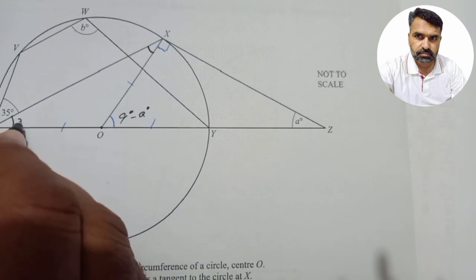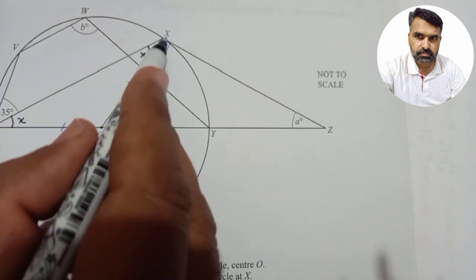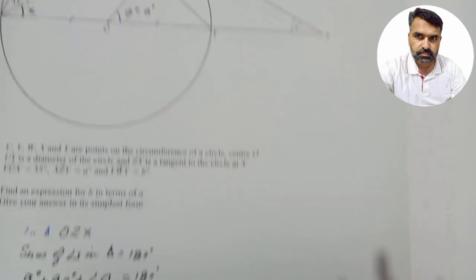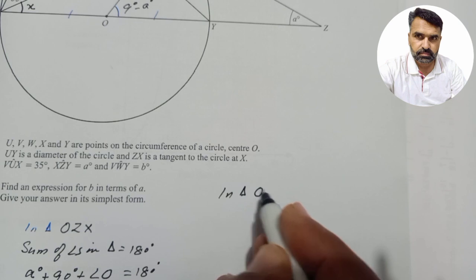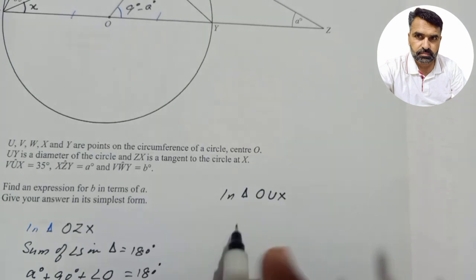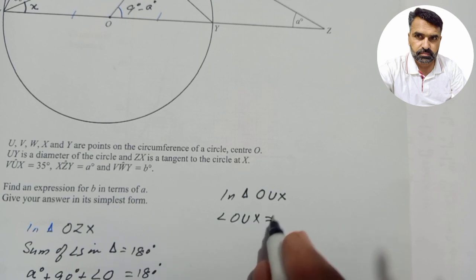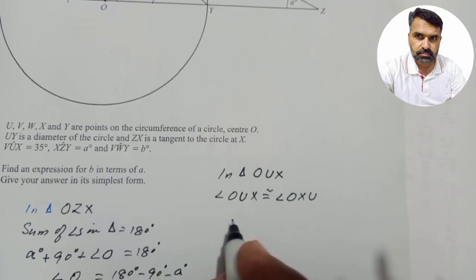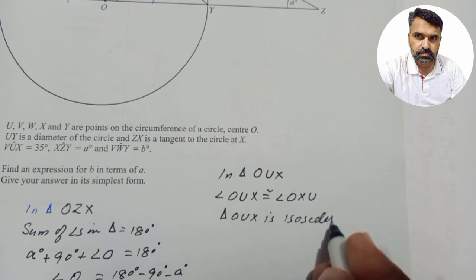If I name this angle as angle X, this will also be X. Now we will discuss triangle UOX, and I will write here, in triangle OUX, angle OUX is equal to angle OXU. Reason is triangle OUX is an isosceles triangle.